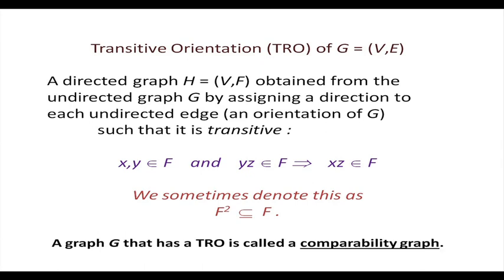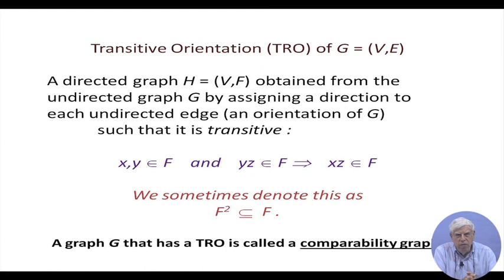What is a transitive orientation? It is a directed graph, an orientation of an undirected graph G, obtained by assigning directions to each undirected edge such that the transitive property holds.